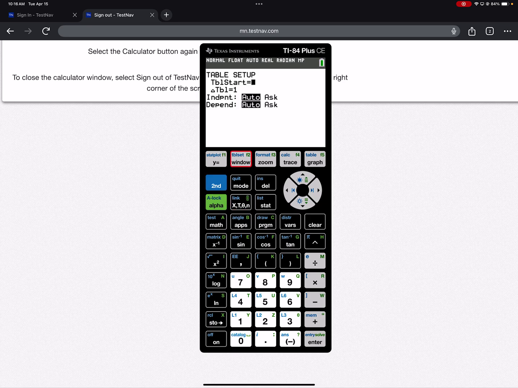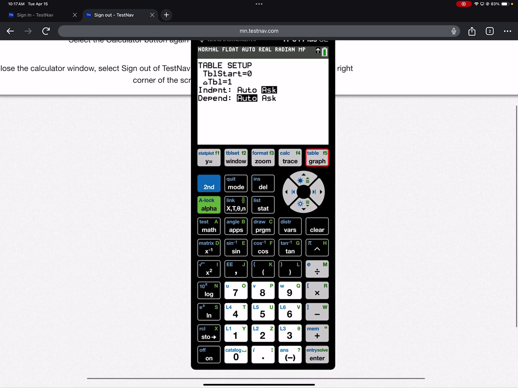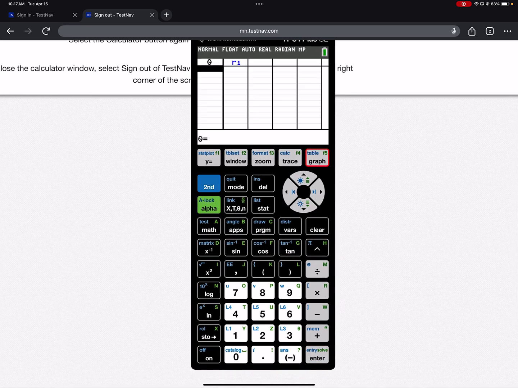And then what I want you guys to do is right here where it says independent, that's your X's. I want you guys to change it to ask, because then you're allowed to pick whatever you want. Otherwise you're gonna have to scroll to find the X's that you're plugging in. So then when you go to your table, all you have to do now is plug in the numbers that you chose.